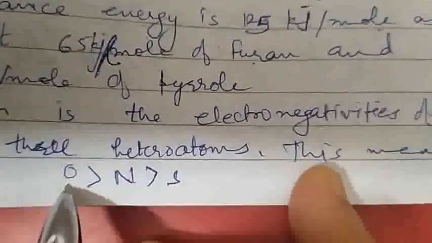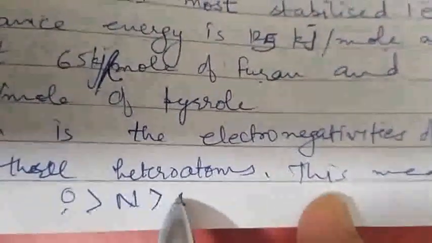Oxygen is more electronegative than nitrogen, than sulfur.